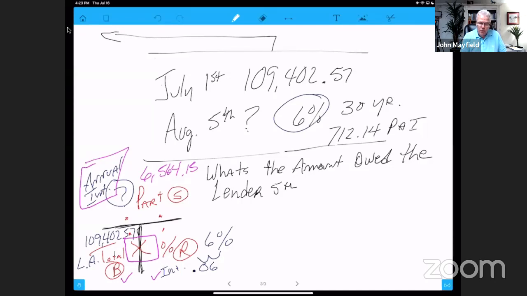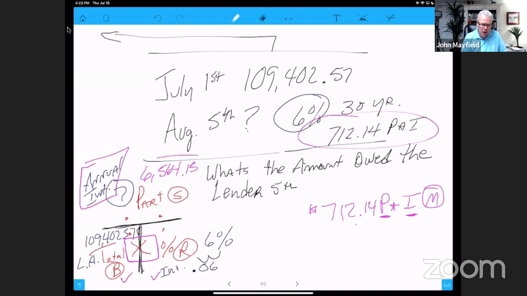Now, in the problem, they give us the principal and interest, which is $712.14. Again, this is the monthly principal and interest payment.